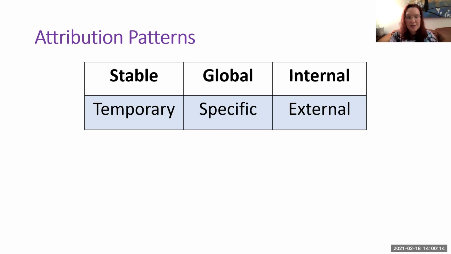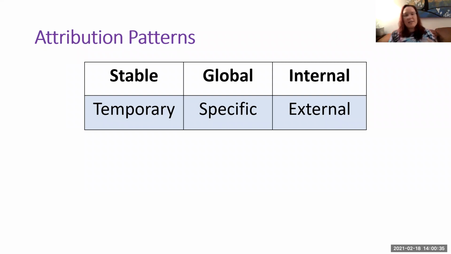Whereas if we said this person isn't working right now because they're lazy, that might be a stable cause. On the other side, we've got the idea of causes that are global and causes that are specific. A global attribution is going to be an explanation for behavior that actually includes a whole bunch of different behaviors.